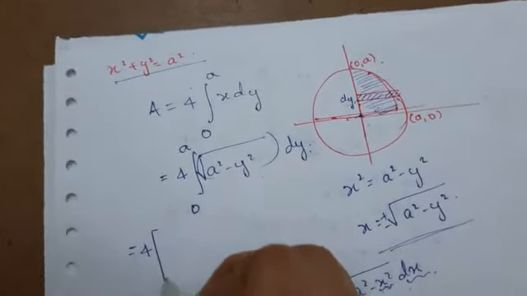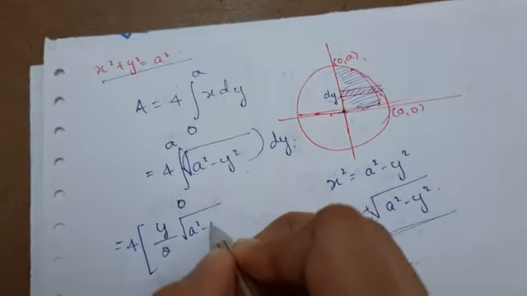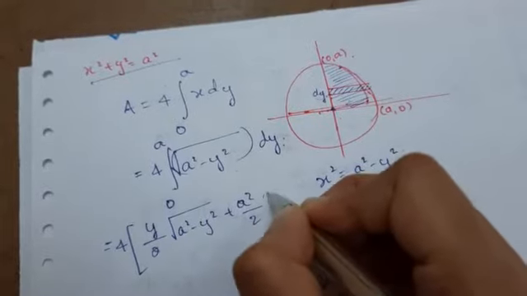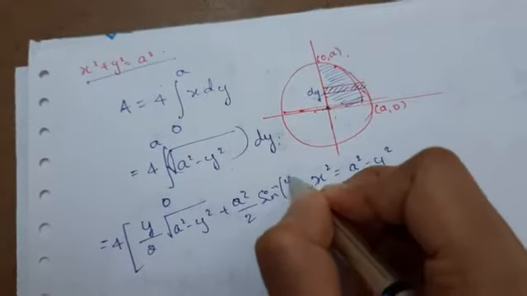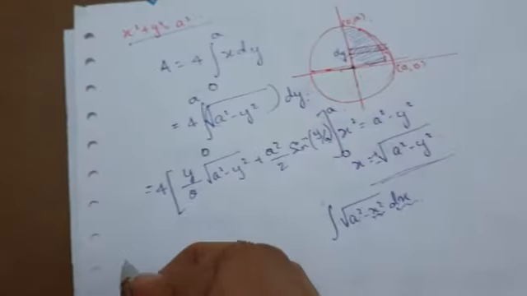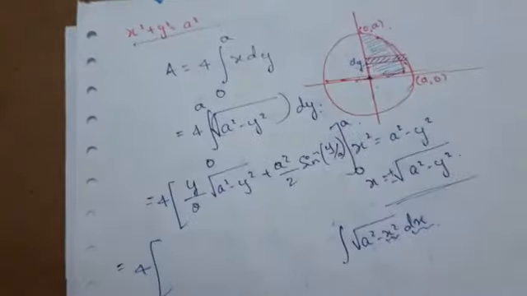4 into y by 2 square root of a square minus y square plus a square by 2 sine inverse of y by a, varying from 0 to a. So what happens? 4 into, first we are inputting the upper limiting value.